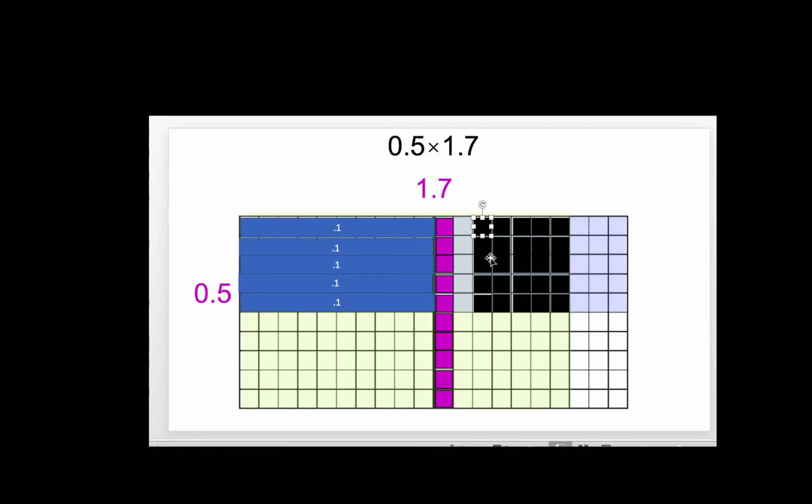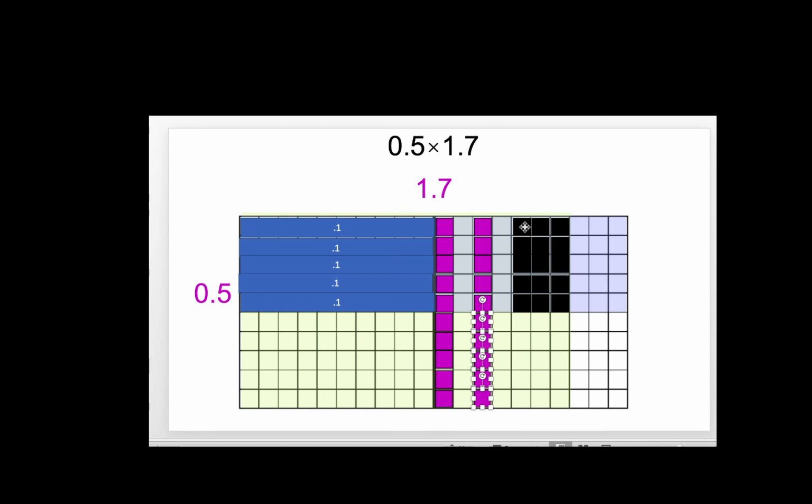Okay, let's see if I can make another tenth. 1, 2, 3, 4, 5, 6, 7, 8, 9, and 10. So again, this makes another rod. So that means because I have 10 100ths, which equals 1/10, I have another rod here.